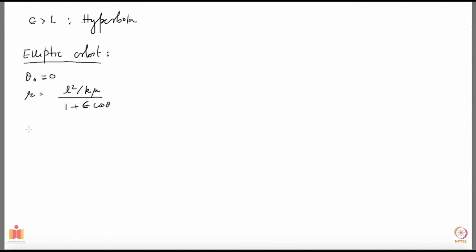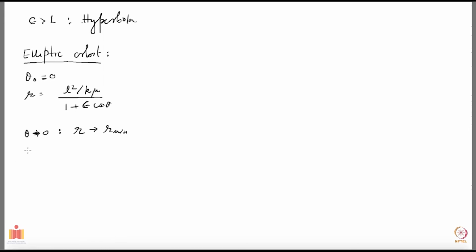So it says if theta is equal to 0, then this cos 0 is 1, so it takes its maximum value, which means the denominator takes its maximum value, which means R takes its minimum value. So at theta equal to 0, R goes to R minimum.